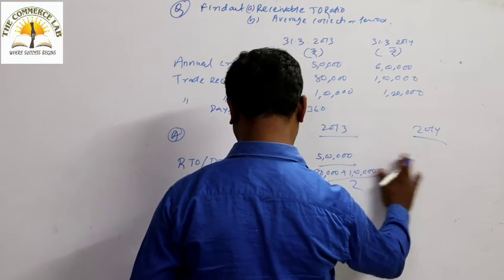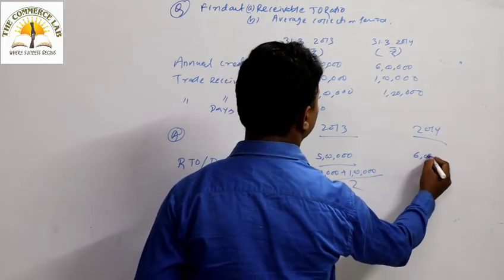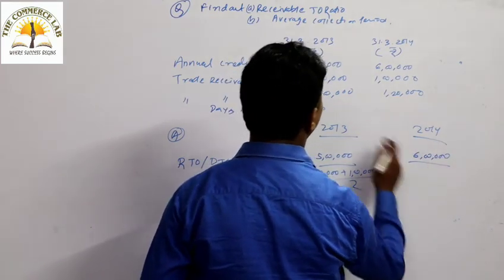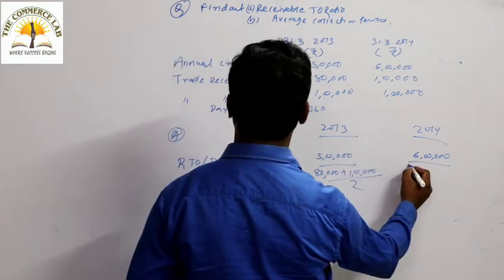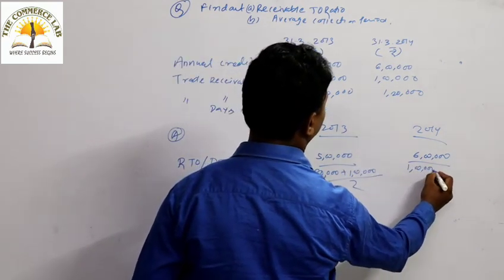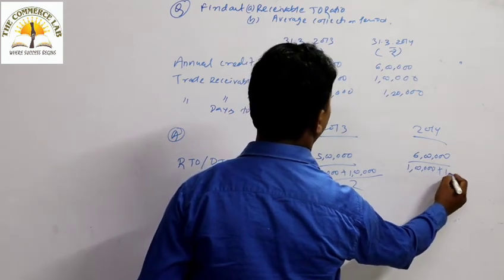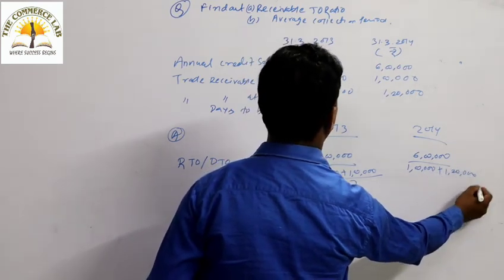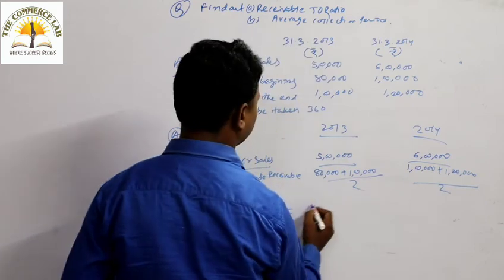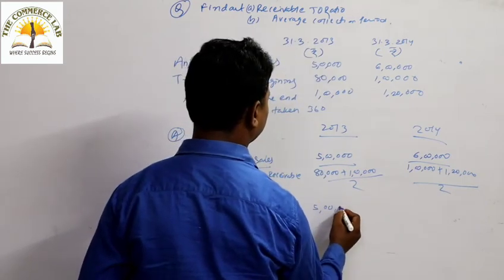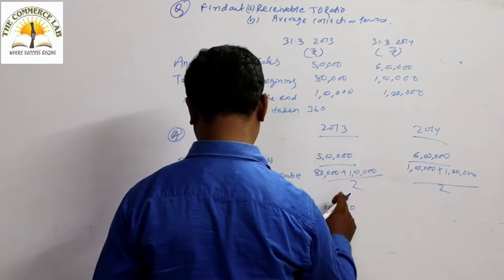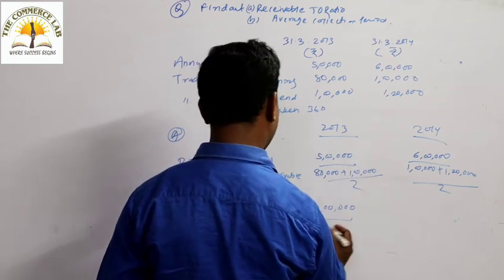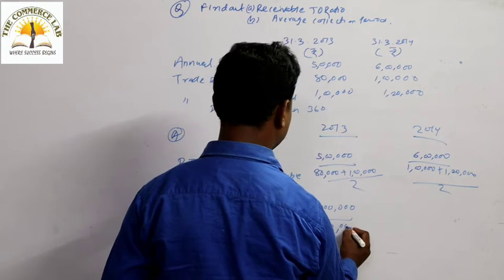The credit sales for 2014 is given, 6 lakh. Then opening plus closing by 2. Opening is 1 lakh, plus closing 1,20,000, divided by 2. So 5 lakh divided by 80,000 plus 1 lakh by 2, that is 90,000.